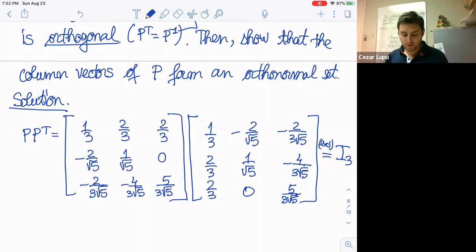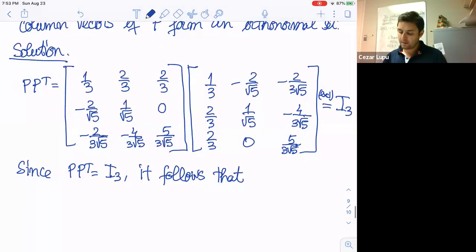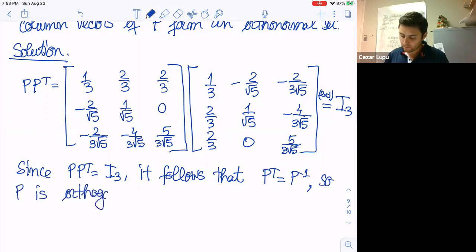And since P times P transpose is the identity, if you multiply by the inverse to the left, it follows that P transpose is nothing else than P inverse times the identity, which is P inverse. So P is orthogonal. Okay, that was easy to see.